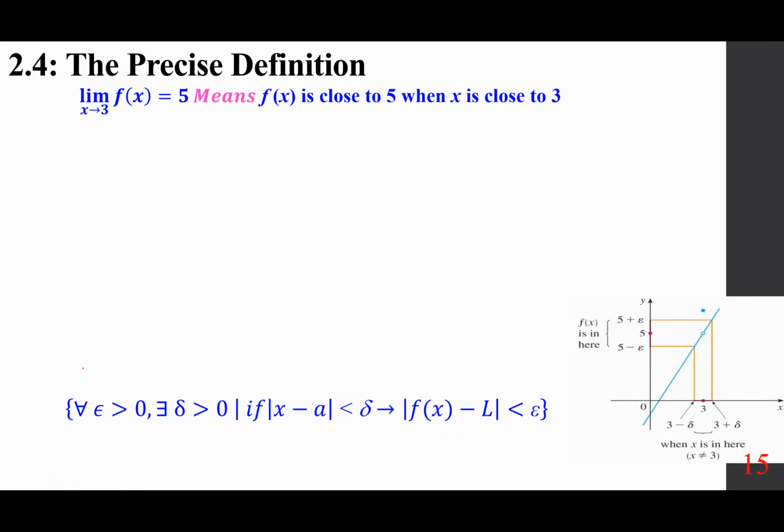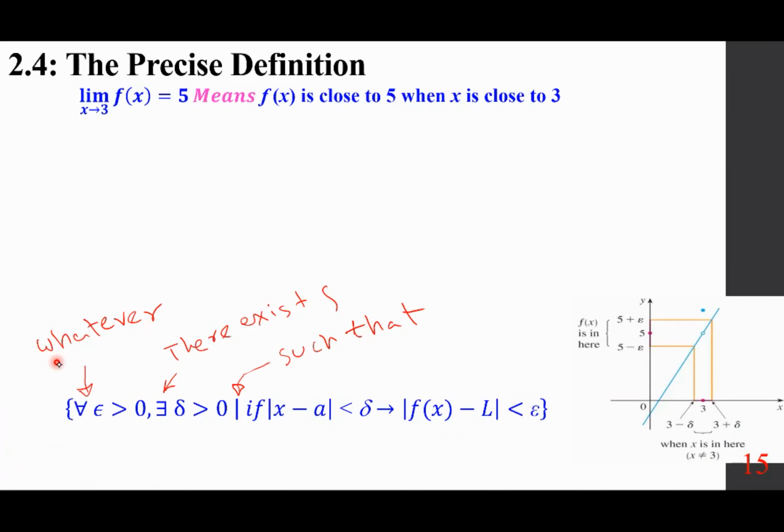This symbol means whatever, for every. This symbol means there exists, and this sort of vertical line segment is read such that.